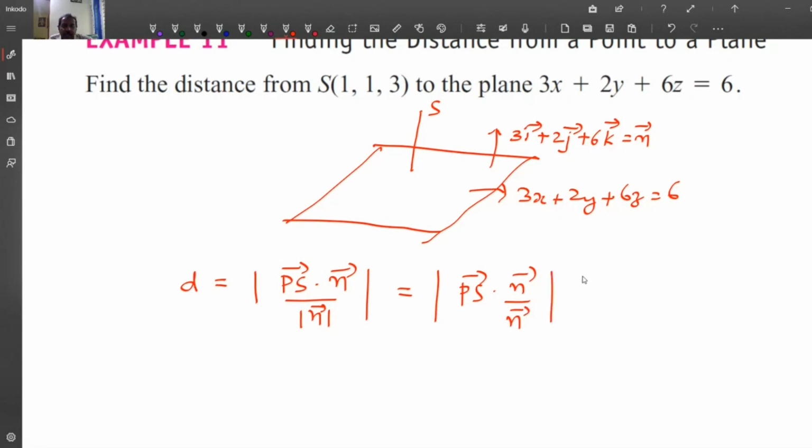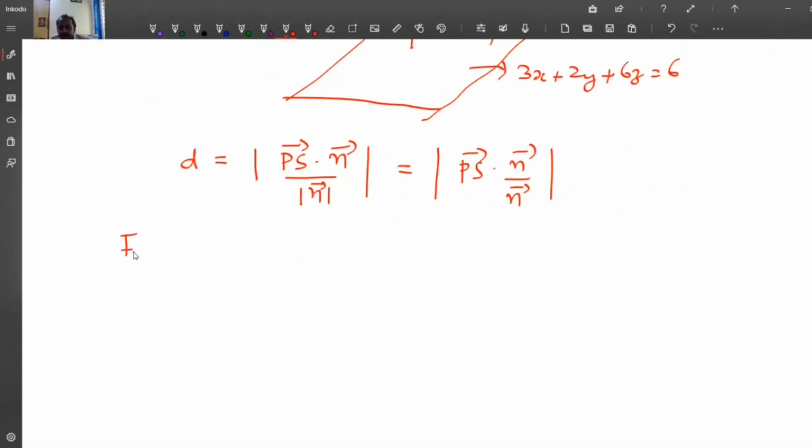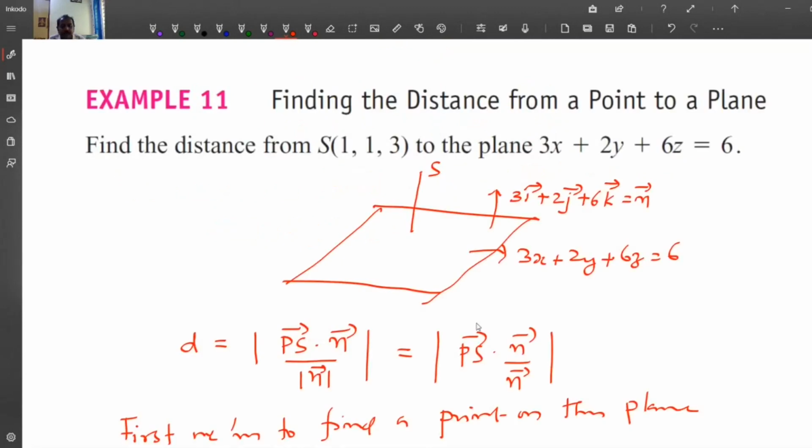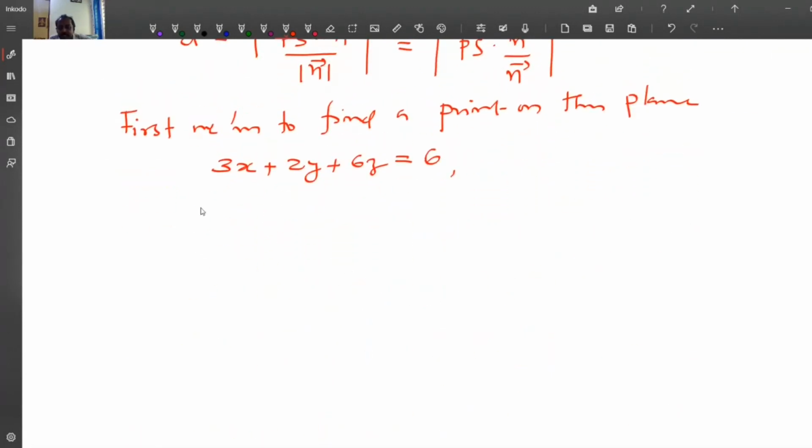So we have to find a point on the plane. You let x equal to 0, y equal to 0 in this equation, so you will get a point on the plane. First we have to find a point on the plane. 3x plus 2y plus 6z equal to 6, for which you let x equal to 0, y equal to 0, then 6z equal to 6.